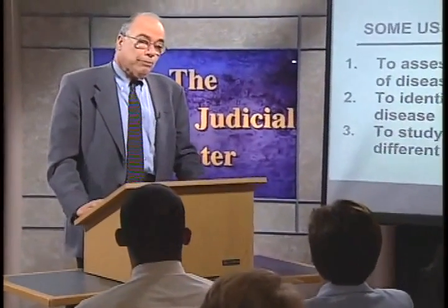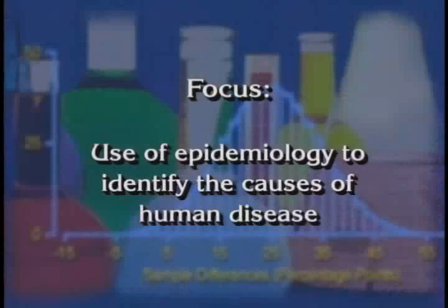And finally, epidemiology is used to study the effectiveness of different types of treatments. In this presentation, I'm going to focus on the second use, to identify the causes of human disease, because this is the use that is most prominent in toxic tort cases.